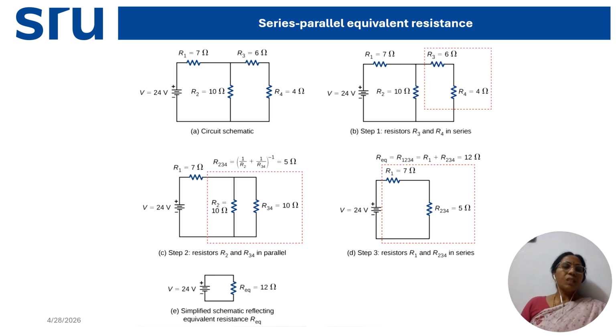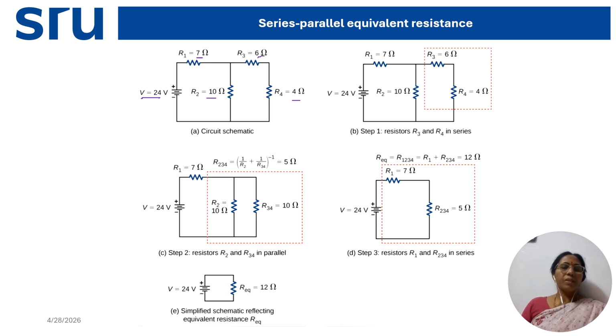Now look at this network. Here is the voltage source V of 24 volt, R1 is a 7 ohm resistor, R2 is a 10 ohm resistor, R3 is 6, and R4 is a 4 ohm resistor. So first of all try to identify series and parallel. Here the current is dividing into two parts, but there is no resistor in parallel.